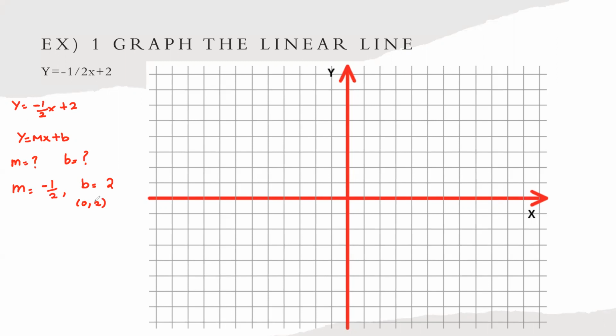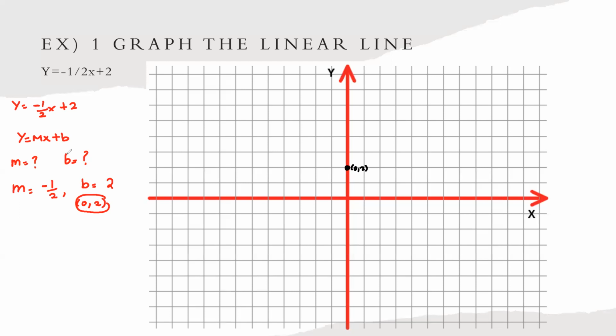The first step of the rise over run method is to plot your b. So plot (0, 2). You start at your x value 0, and then you go up 2. So it would be right here. Maybe I should use a darker color. (0, 2) would be right here.